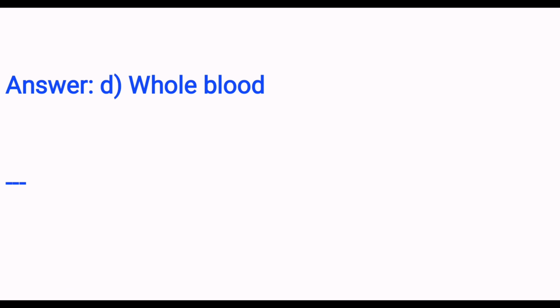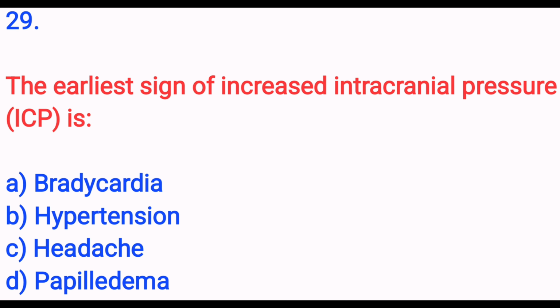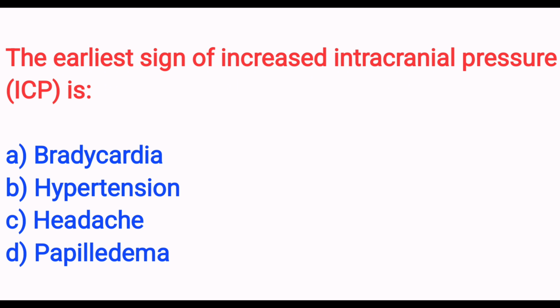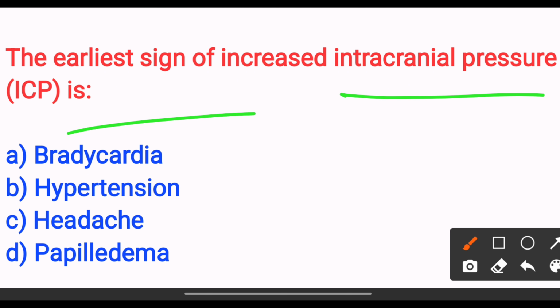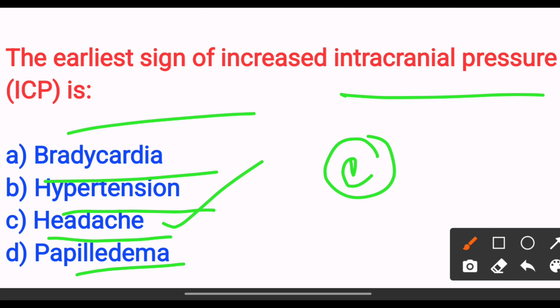Next, the earliest sign of increased intracranial pressure is option A, bradycardia. Option B, hypertension. Option C, headache. Option D, papilledema. The answer is option C, headache. Headache is the earliest sign of increased intracranial pressure.